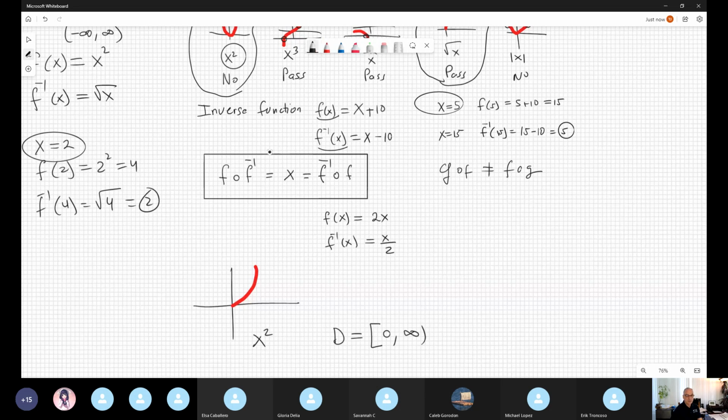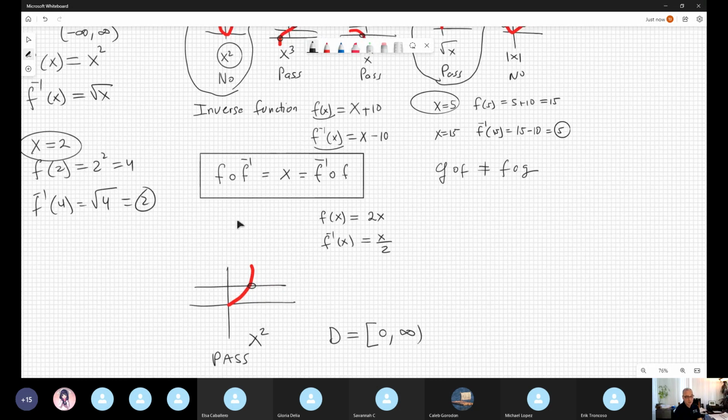Now, when you apply the horizontal line test, it passes. So this is invertible.